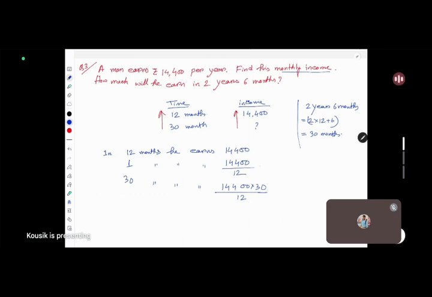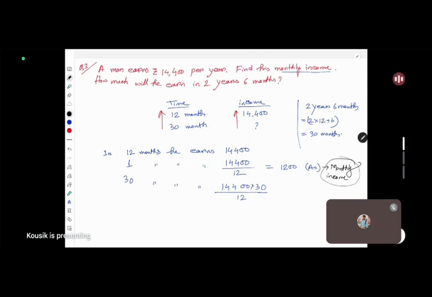Basically we do not calculate this case of 1, but here we calculate it because this is another answer. In case of 1 we also calculate it. What will the answer be? 1200. So this is his monthly income. Sir, is mine correct? I saw it in the chat, yes, I am checking.